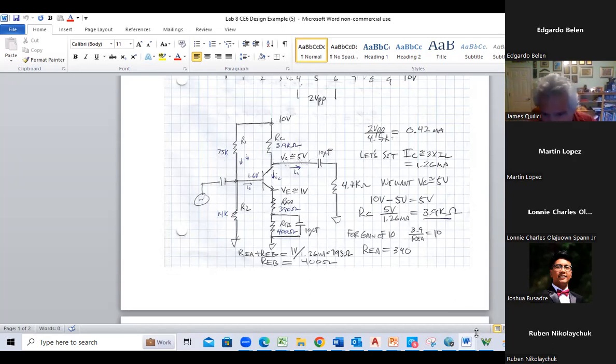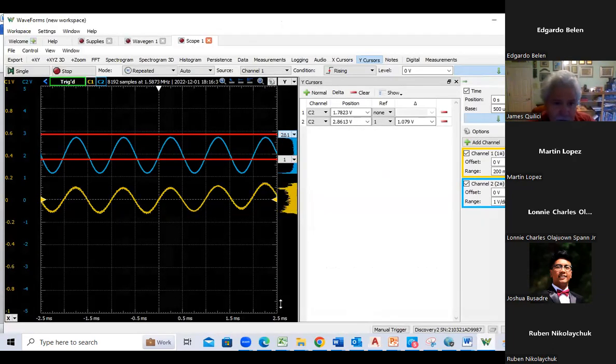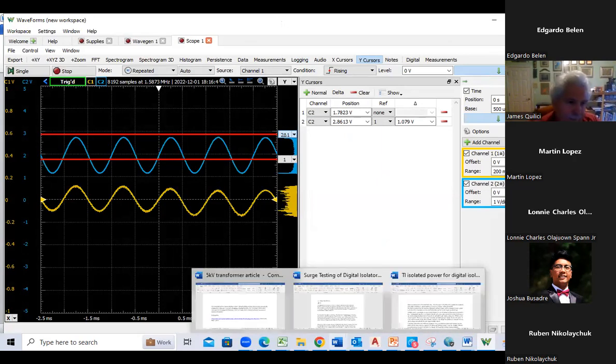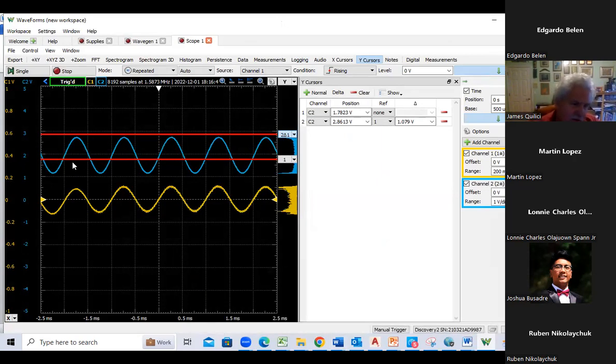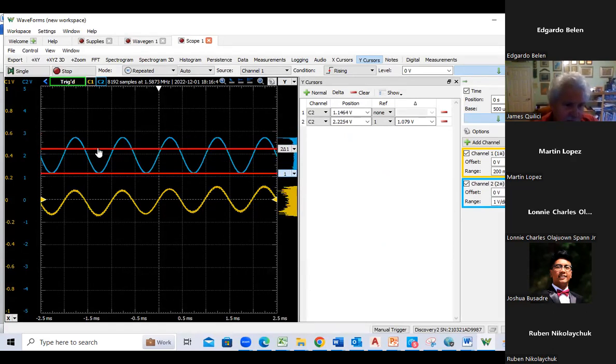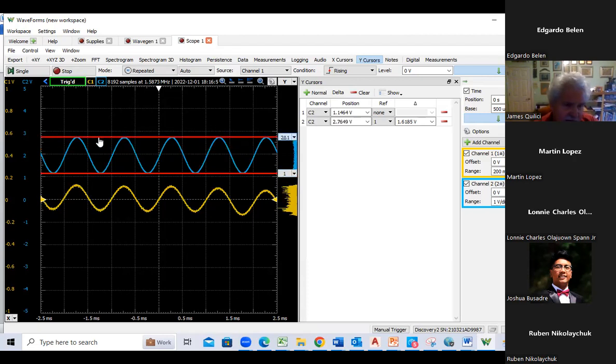Okay, let's see how I'm doing. So I'm oscillating around 2. It went down since I changed my emitter resistor rather significantly. It was kind of at a sweet spot to have my collector at 2.5. But anyway, right now it looks like it's oscillating around 2 volts.